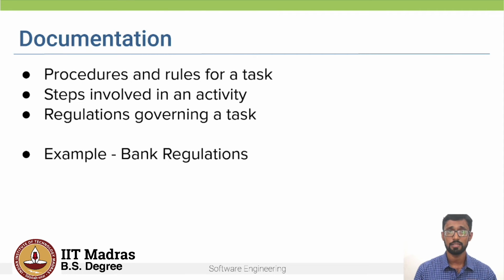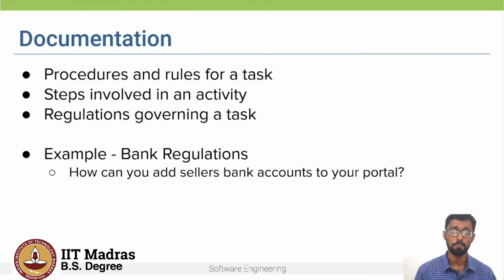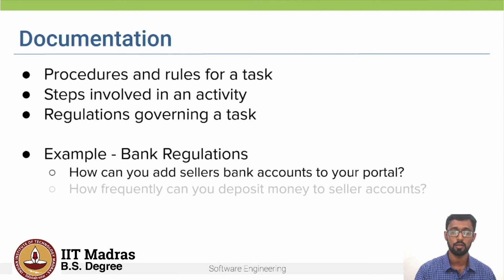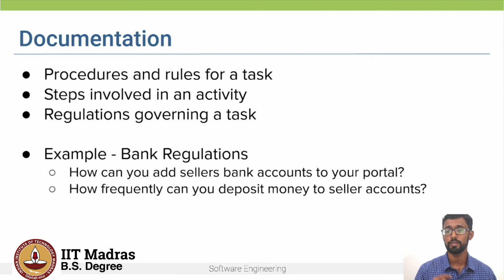So in the case of a seller portal, bank regulations are an important requirement to consider. So for example, how can you add sellers' bank accounts to your portal, or how frequently can you deposit money to seller accounts? What are the practices of other online marketplaces? All these can be gathered from different documents or different procedures and regulations.